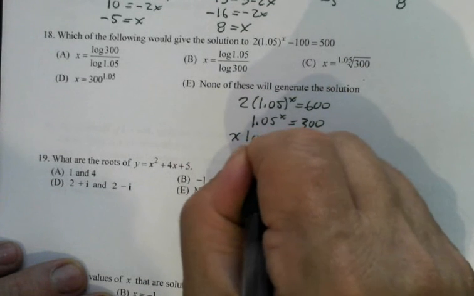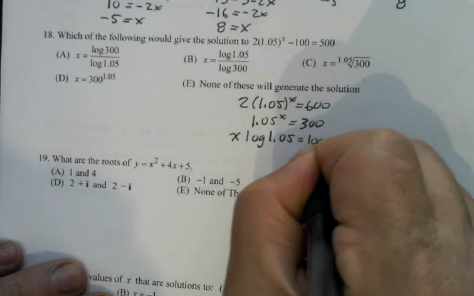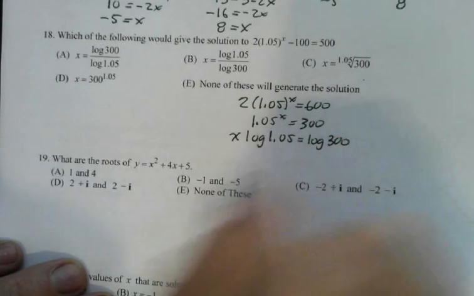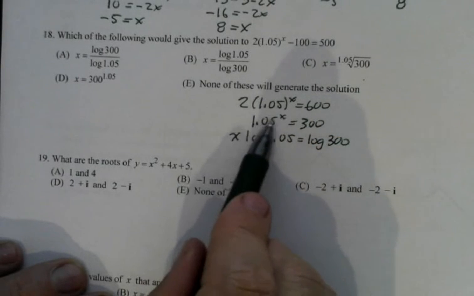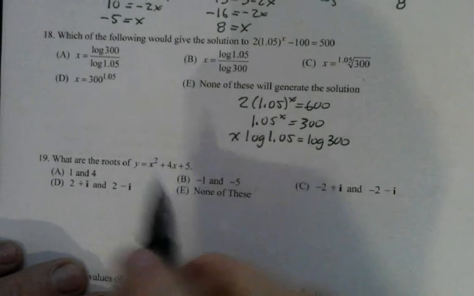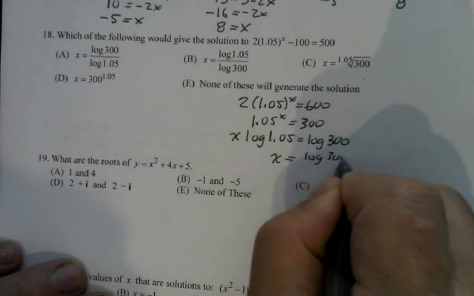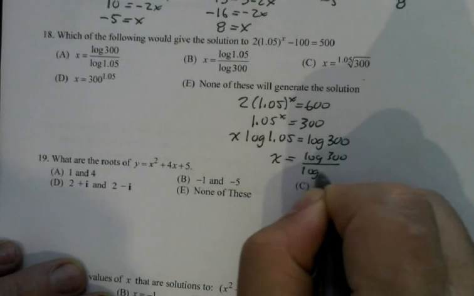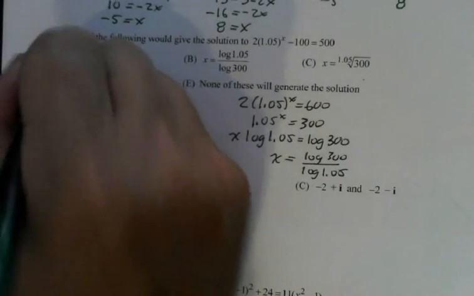It's x log 1.05 equals log of 300. Basically applying my log rule. When I take log of both sides, I get log of 1.05 to the x. I move the x out to the front. Then if I was to solve it, it'd be log of 300 over log of 1.05.